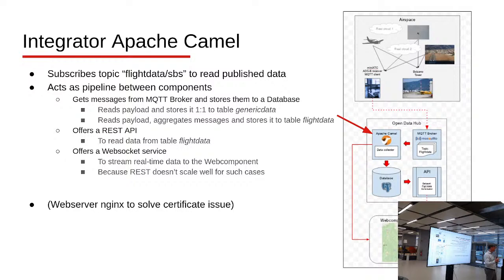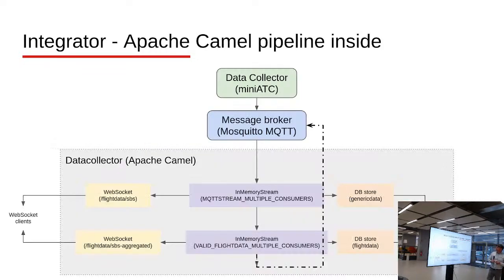You don't really want all these REST queries. So WebSocket is the better technique here and scales better. The web server Nginx is somewhere in there to solve a certificate matter, because the internal communication is encrypted, but that's nothing of matter today.